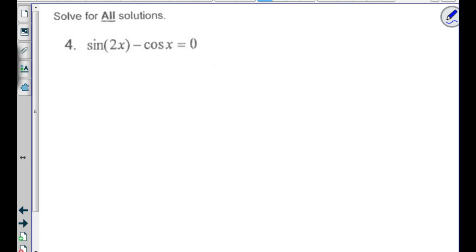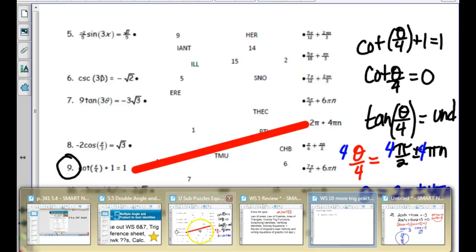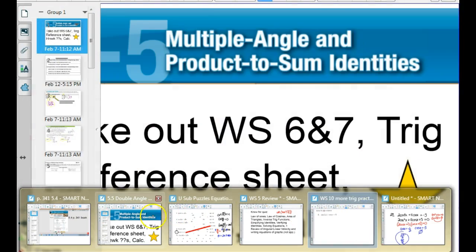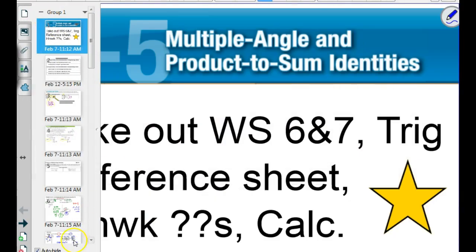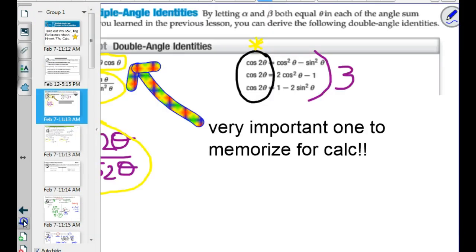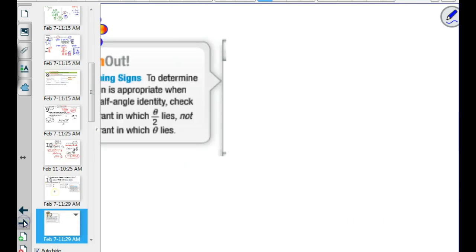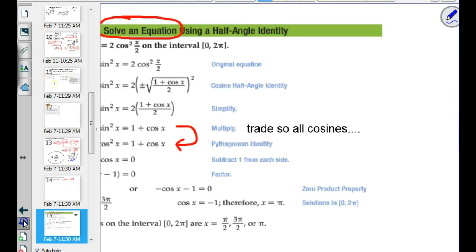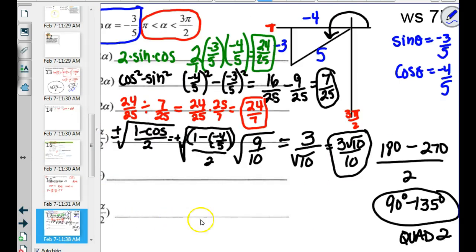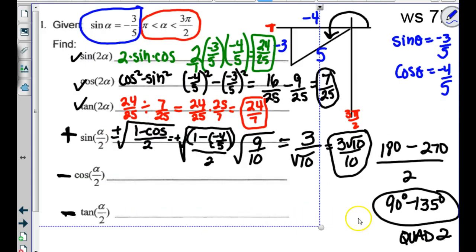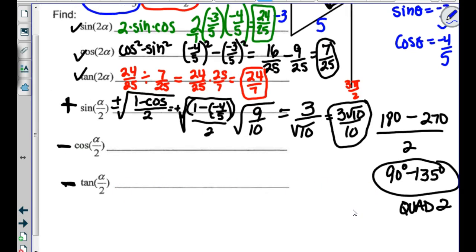Let's go back though and talk about 7b, just to revisit some from yesterday. We got this far yesterday. Did anybody finish? We can keep going.